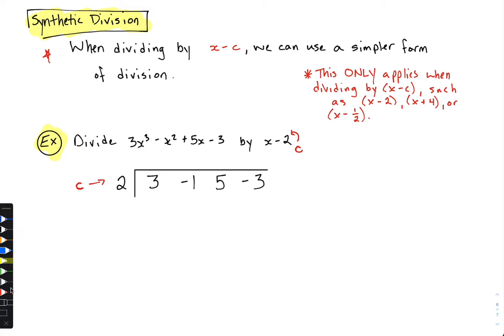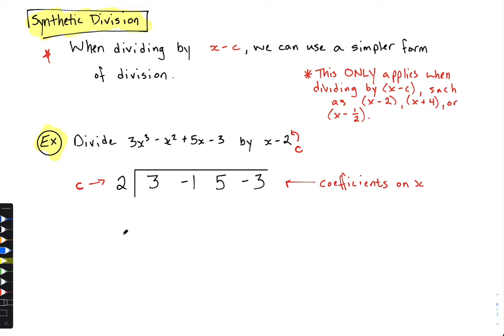Then we fill in over here the numbers from our bigger polynomial: 3, -1, 5, and -3. These are the coefficients, the numbers in front of the x's. All right, so how does synthetic division work?